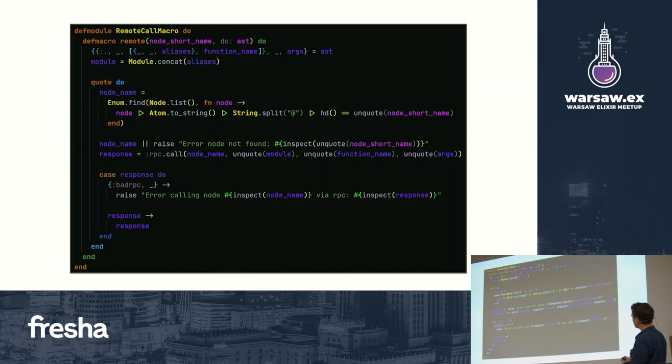Here we're passing not the full name of the node, but for simplicity and ease of use, we're passing the short name. And this piece of code finds the full name of a node in the node list based on the short name passed here.